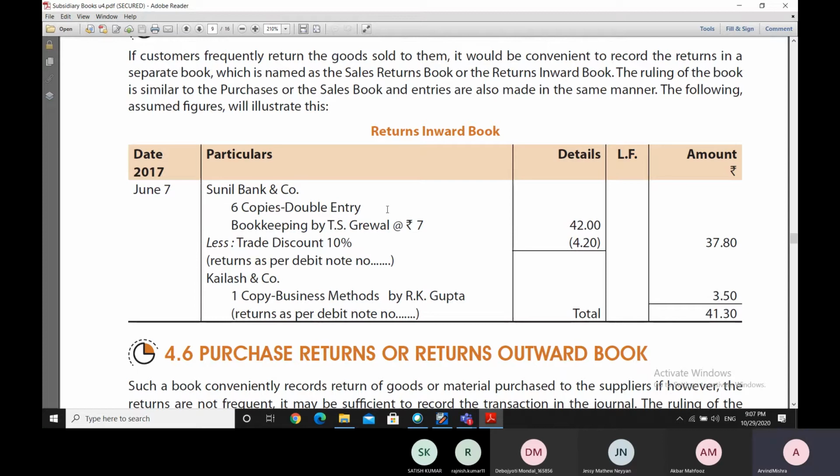Various items are separately mentioned, and then those items are totaled in the details column, and the trade discount is also reduced in the details column. Then there is a ledger folio column which shows how this entry is going into the ledger and on which page of the ledger it is being entered.